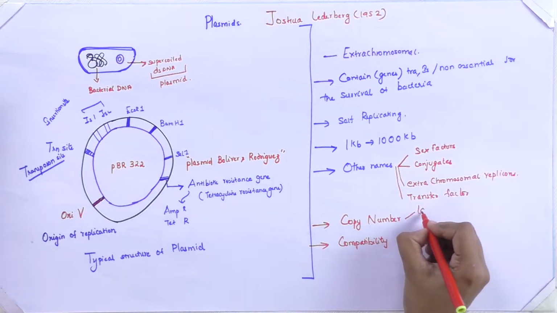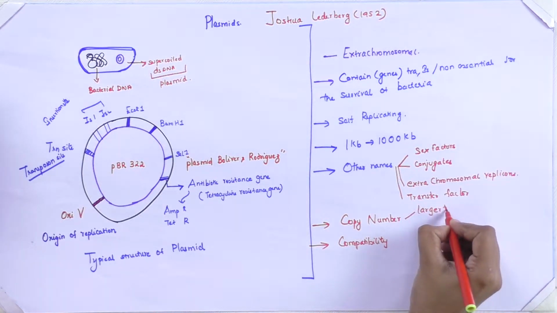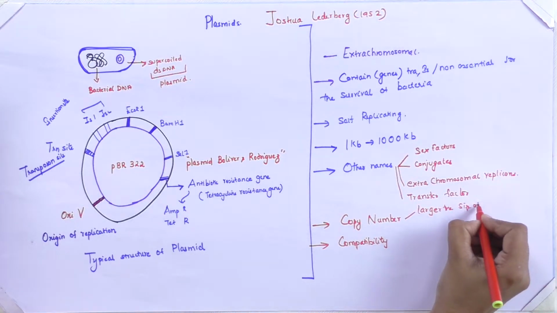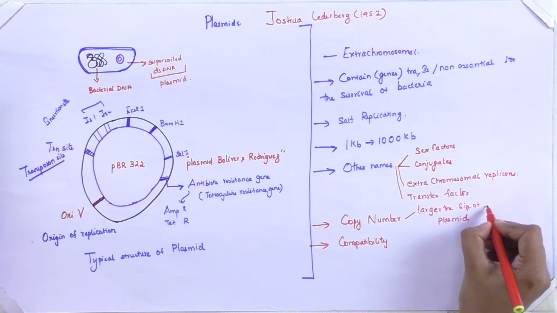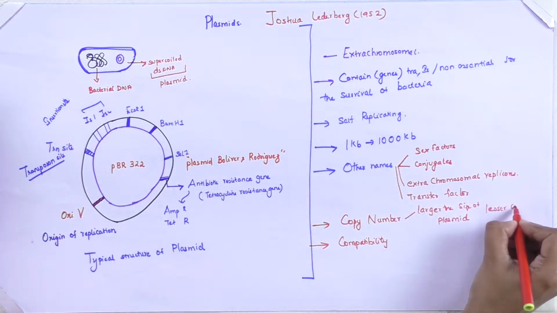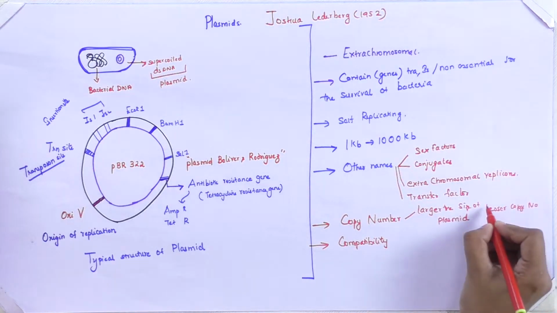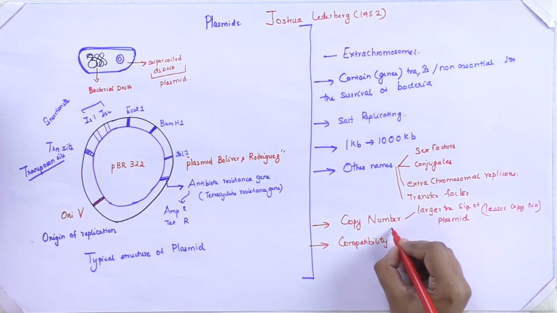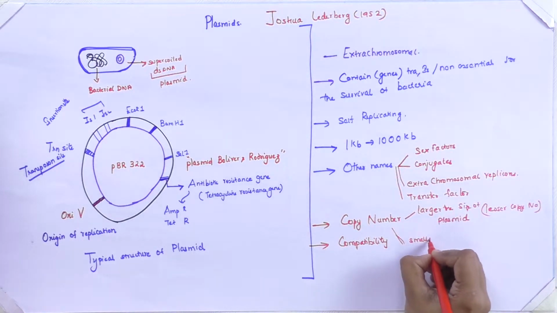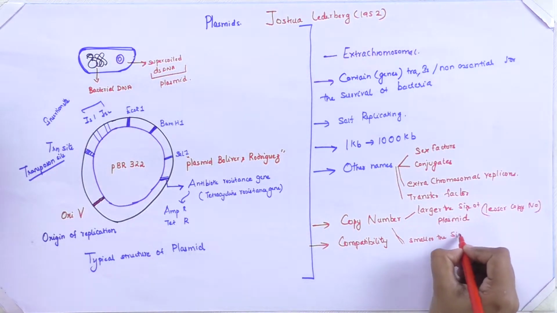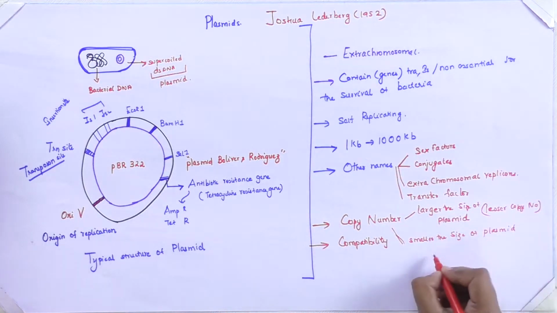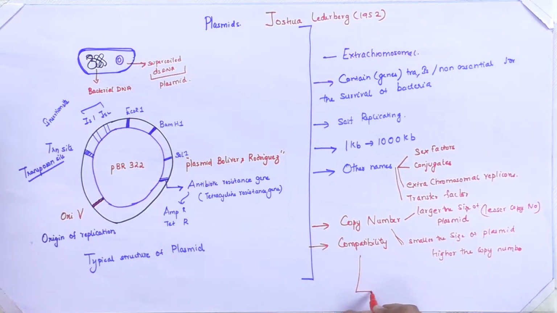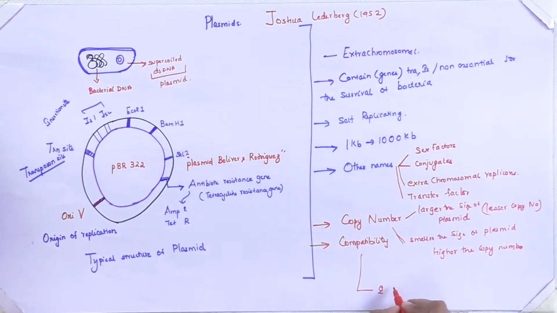For example, the larger the size of the plasmid, the lesser the copy number. The smaller the size of the plasmid, the higher the copy number.